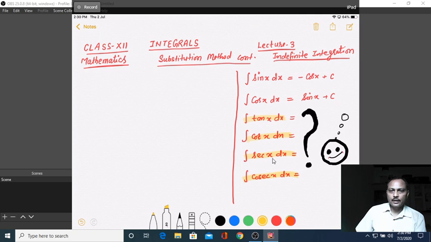We are not getting the derivative of a simple function that is tan x, so there is no formula of integration of tan x up to now. But today we are going to derive the formula of integration of tan x, cot x, sec x, and cosec x. So first of all I am taking tan x.